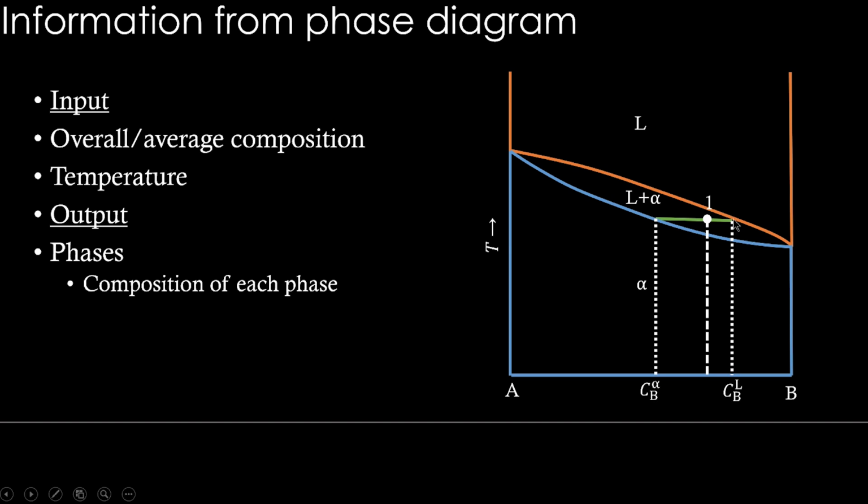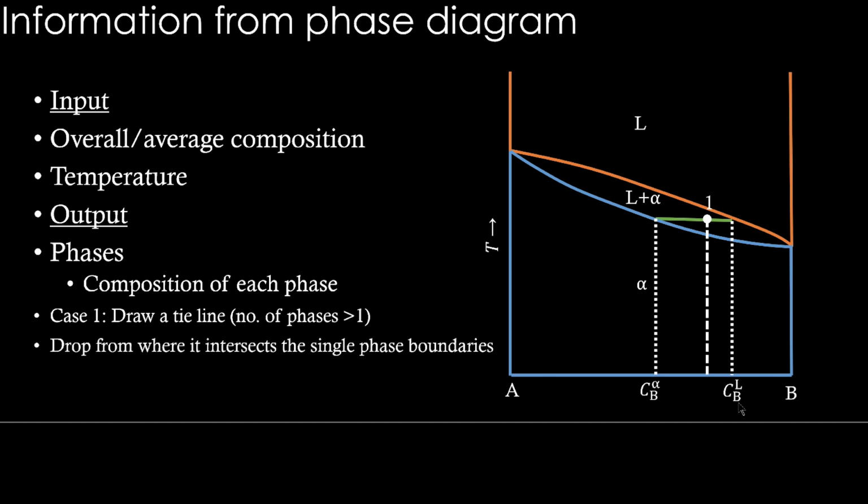And here it touches the liquid region, and from there if we drop it down, we get composition of liquid, which is again percentage of B in liquid. Write down what we have done. In this case 1, draw a tie line. Tie line is drawn when number of phases are more than 1. That is very important.